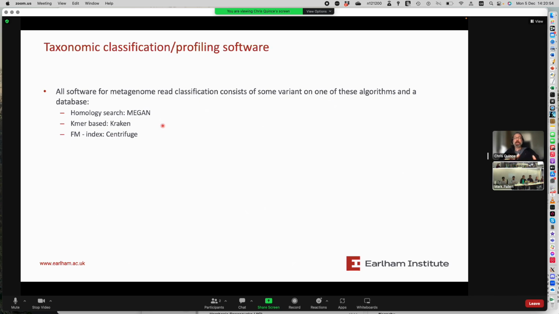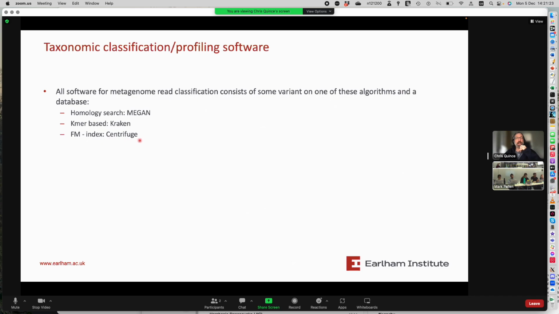All the software that's out there basically consists of one choice for some of those algorithms and one choice for a database. So for example, MEGAN, which I'll talk a little bit more about, is based on homology search with Diamond against the entire NR or NT database. Kraken uses k-mers against user-defined, or they've also pre-compiled, RefSeq databases.